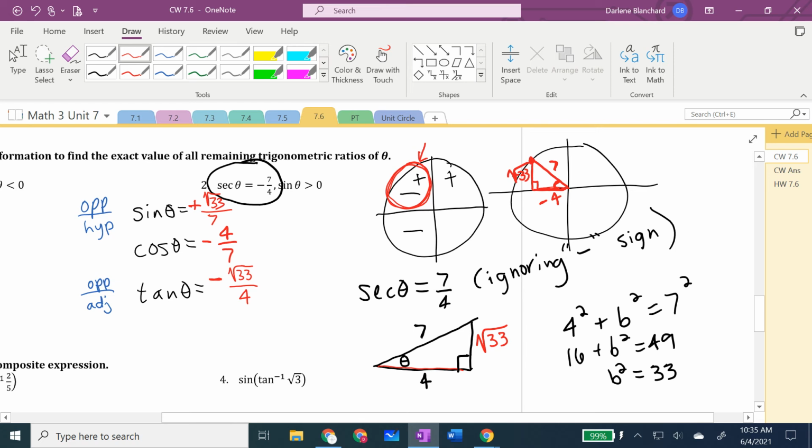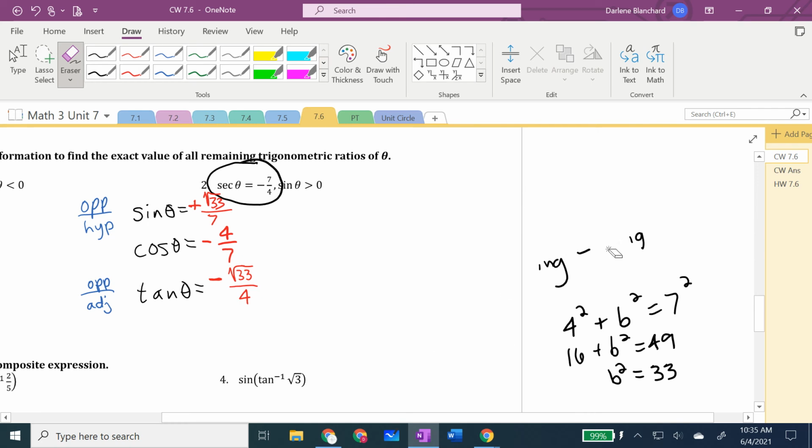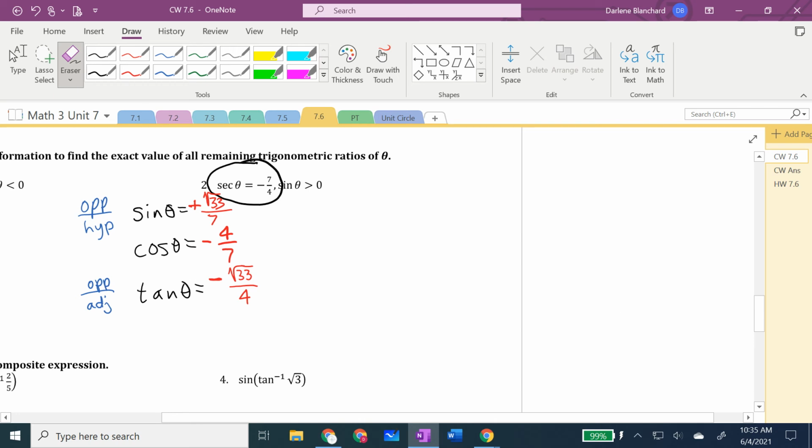And once I have my sine, my cosine, and my tangent, I immediately have the 3 others. I'm now going to erase some of this work. Sine's reciprocal is cosecant theta.